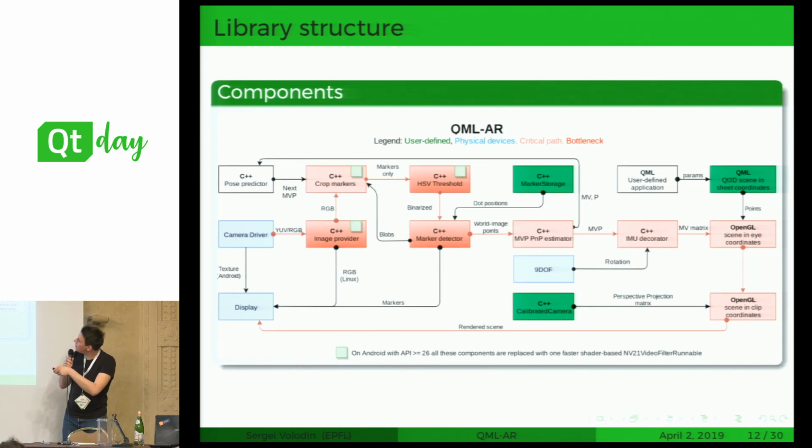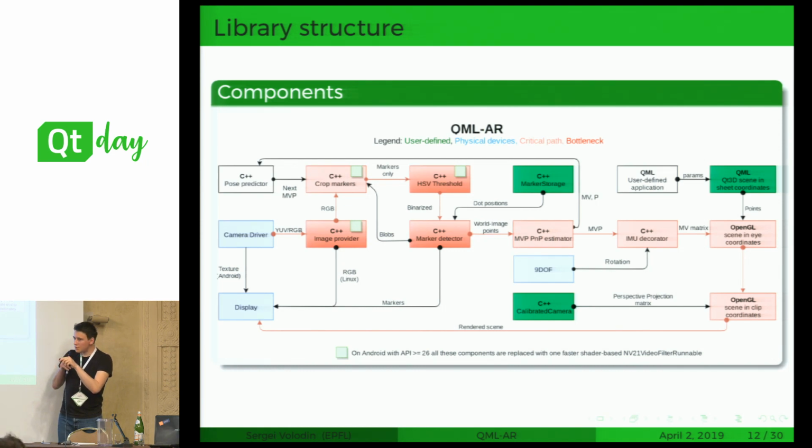Great. So at the beginning we still have our marker detector, which is the code from the paper, and it's still there. But we need to add a few things. Namely, for Android, we need to take the image and process it, so we have a camera here, and we have some image processing here.